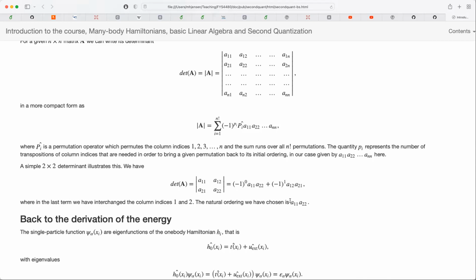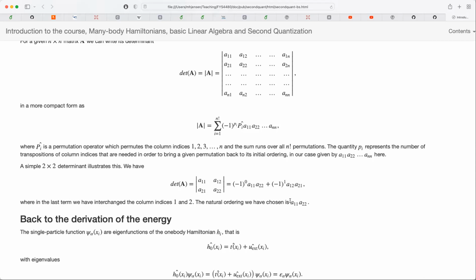That ordering of the single particle states can be random, but it's common to order it according to the single particle energies. Like in the figure we saw previously, if you order according to the single particle energies, you could start with the lowest state as state 1, and then move on. But you need a specific ordering, because that tells you what has been changed.